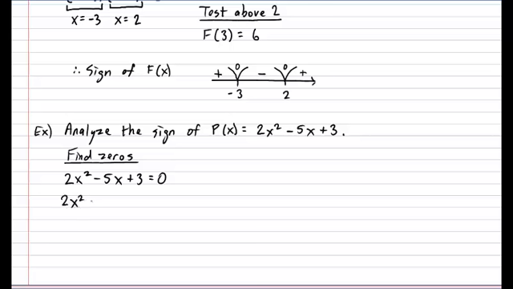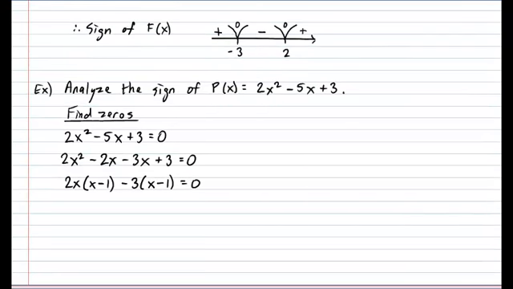So it's going to end up like this. 2x squared minus 2x minus 3x plus 3 equals 0. Let's continue with our grouping technique. So I have 2x, x minus 1, second subgroup minus 3, x minus 1 equals 0.